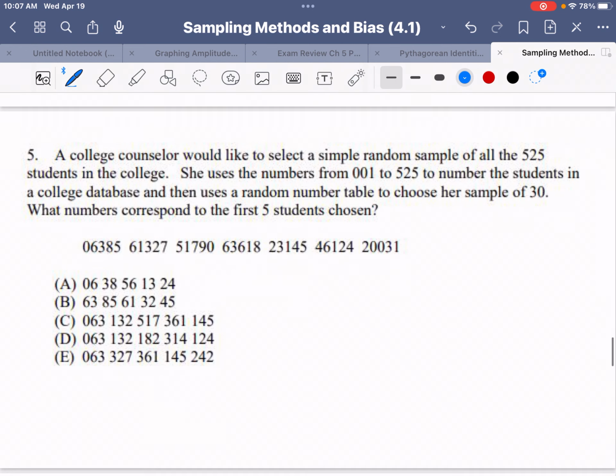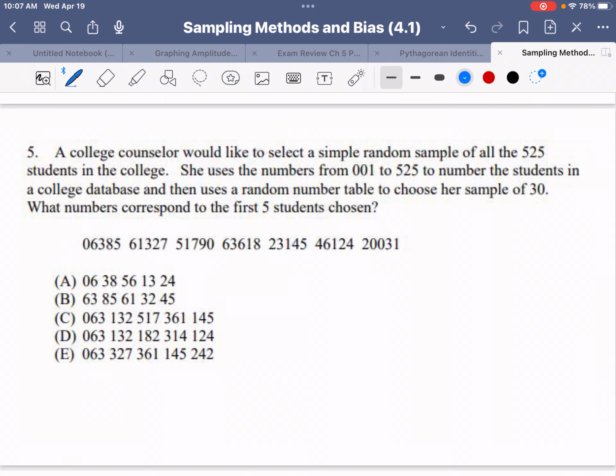A college counselor would like to select a simple random sample of all the 525 students in the college. She uses the numbers 001 to 525 to number the students in a college database, then uses a random number table to choose her sample of 30.